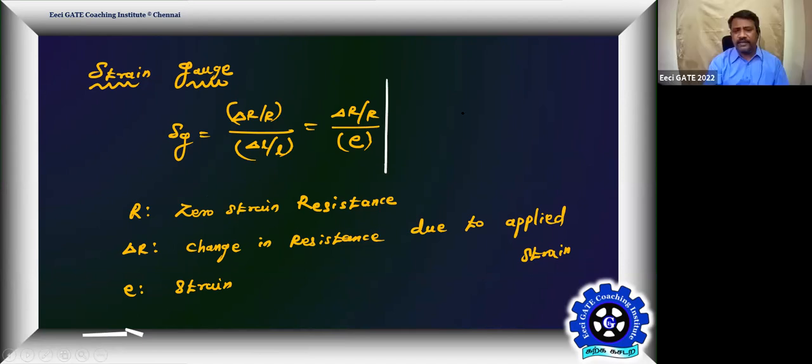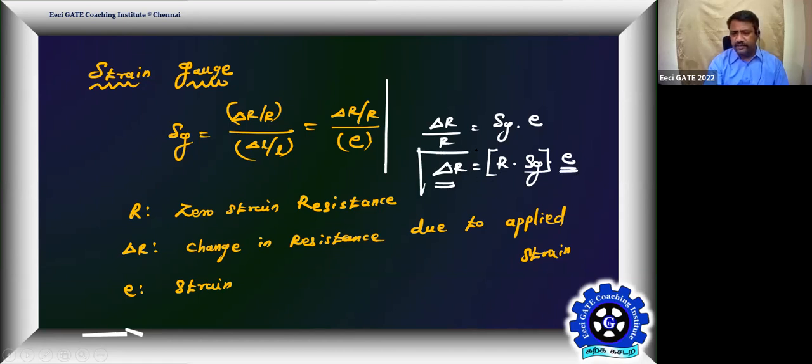So from this, can you tell me what is delta R? We know delta R by R is nothing but gauge factor into the strain in the metal block. So therefore, change in resistance is going to be R into gauge factor into E. And straight away, this is your sensitivity of the strain gauge. This is the one responsible to convert the applied strain into change in resistance. Is it linear or non-linear? Yes.